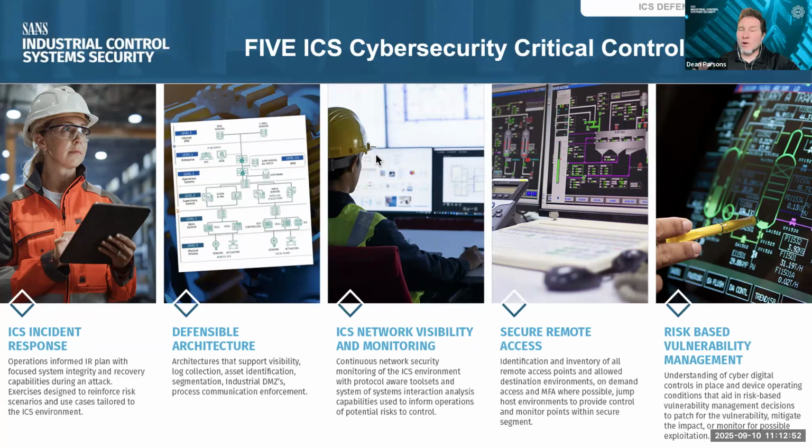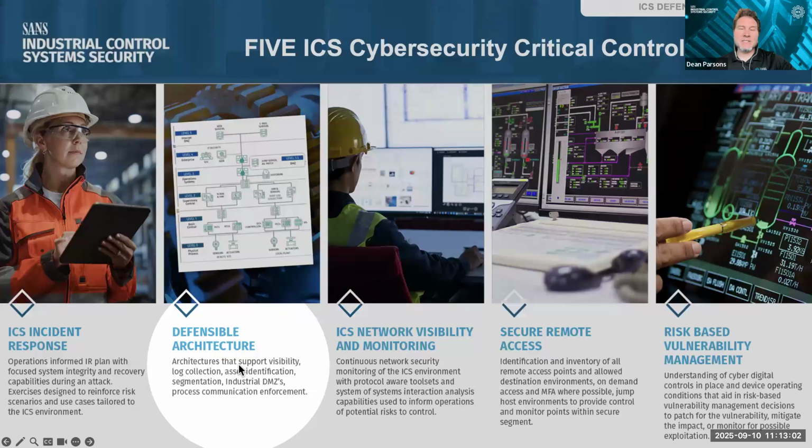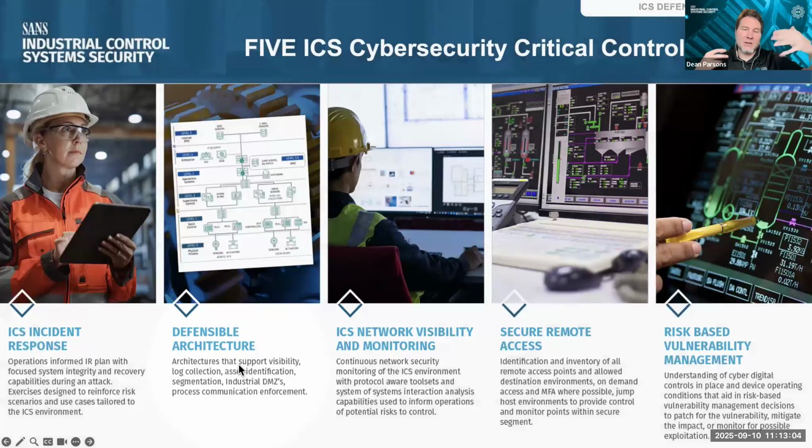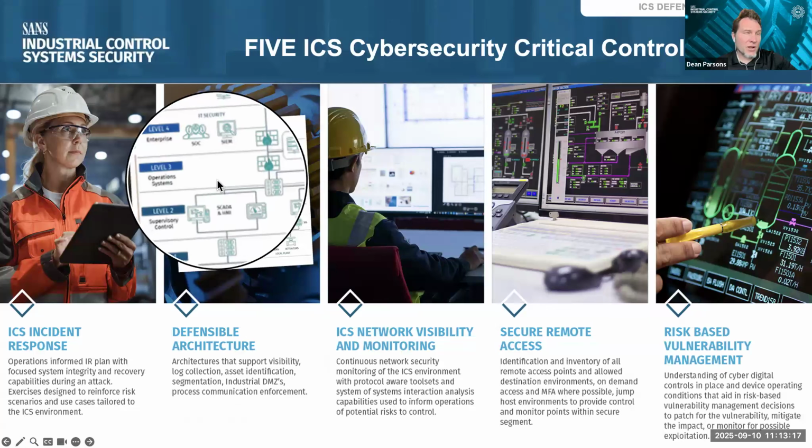Number 2 is a great one to talk about as it pivots into and builds up the foundation we need for control 3, visibility. So defensible architecture right here is enabling you to not only segment between IT and the internet and protect the industrial control system from hostile environments, etc. By doing so, naturally, as you segment out your network, you can follow something like Purdue and bake in security on top of it.